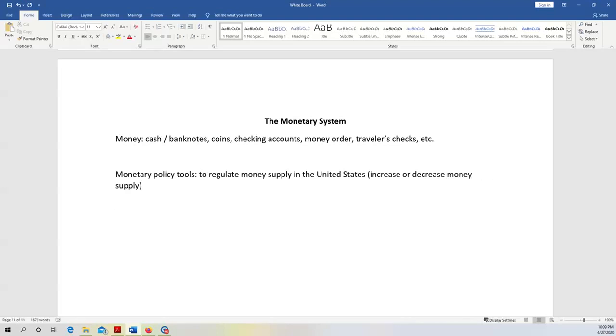The first and the most important tool is called open market operations. Open market operations are conducted by the FOMC, the Federal Open Market Committee. This is the most important and frequently used monetary policy tool.